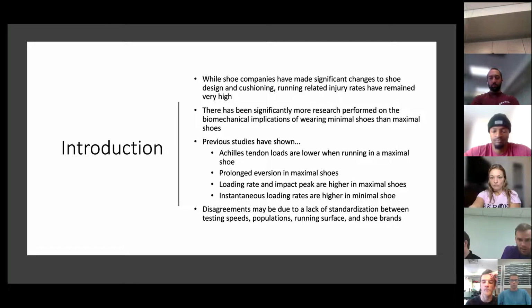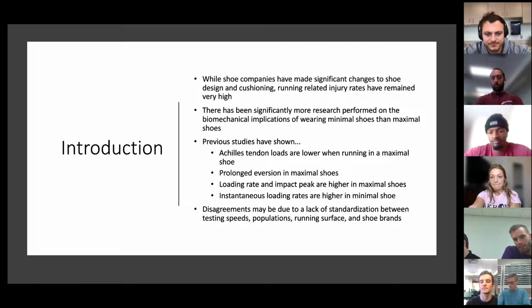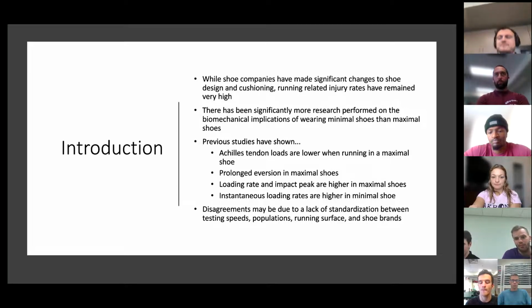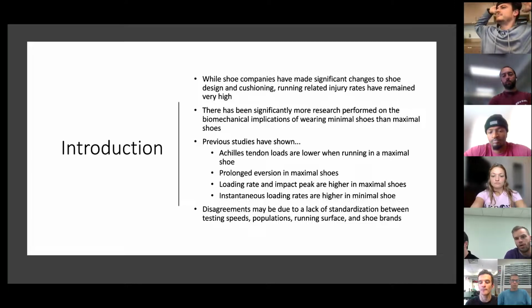So previous studies looking at this have shown that Achilles tendon loads are lower when running in a maximal shoe, because that increased cushioning leads to more of a rear foot strike pattern. So it makes sense that you have less load in your Achilles. And then because of that, you have this prolonged eversion in maximal shoes.